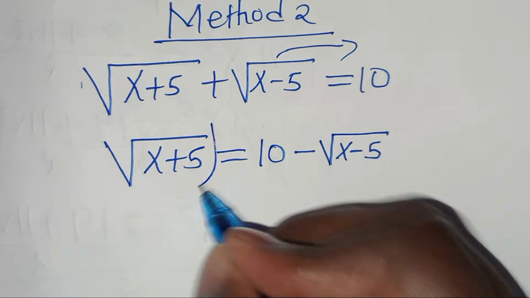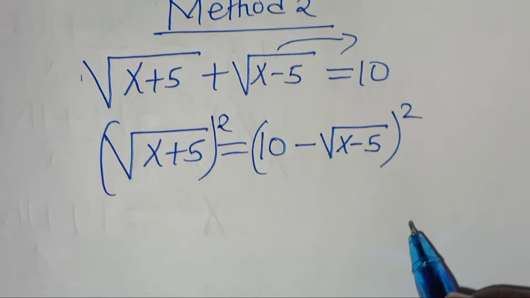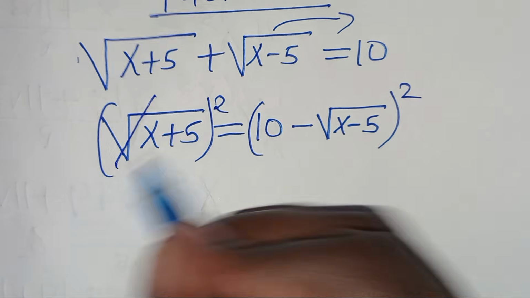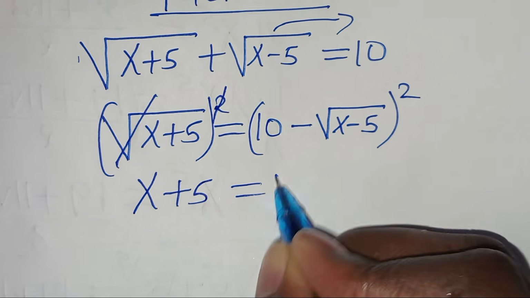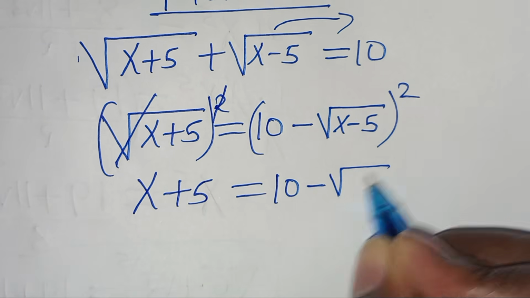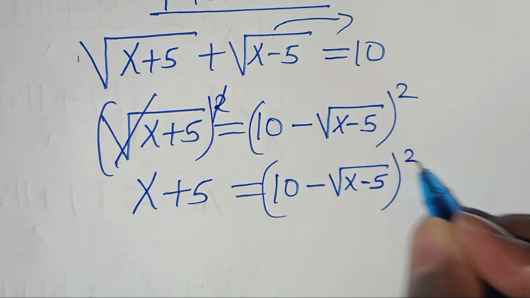The next step is to square on both sides from here, so that now we eliminate the square root sign, so that we have x plus 5. This is equal to (10 minus the square root of x minus 5) raised to the power of 2.